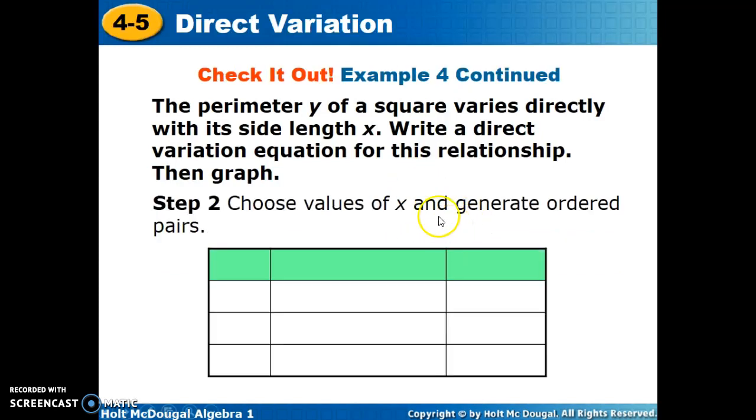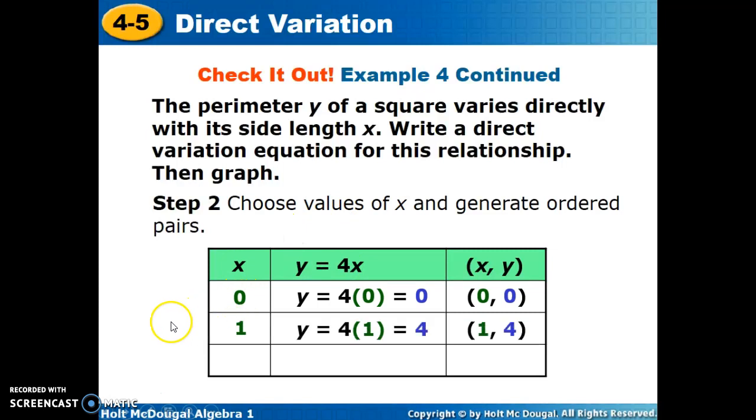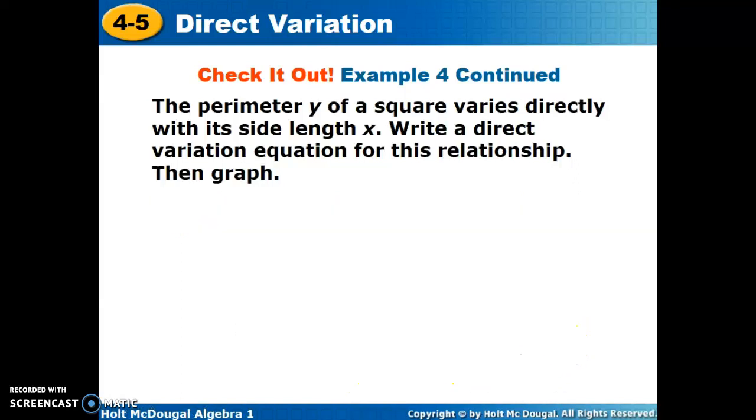We're going to choose values of x and generate ordered pairs. Y equals 4x. We allow x to be 0, 1, and 2. So a square with side length 0 will have a perimeter of 0. Notice it passes through the origin. If the side lengths were 1, perimeter's 4. If the side lengths are 2, 4 times 2 generates 8 for our perimeter.